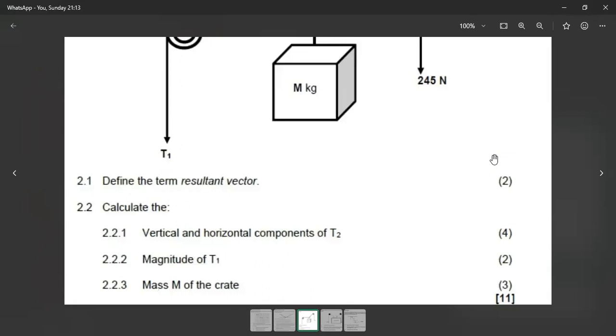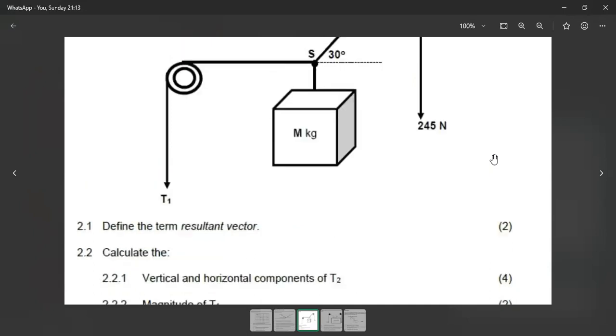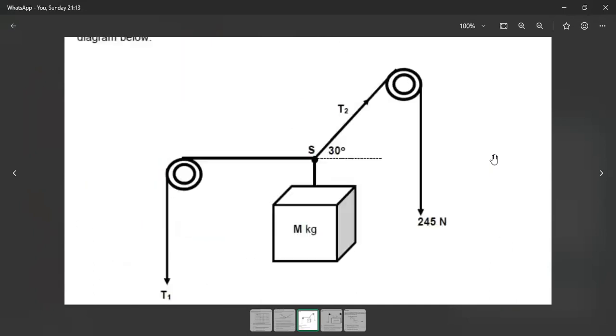Well, I trust you can take care of this one. The next one says, calculate the vertical and horizontal components of T2. In other words, we need to resolve the tension force T2. So let's go to the whiteboard for that.